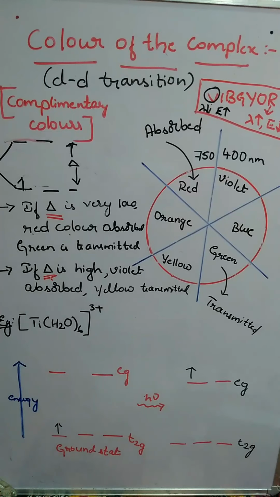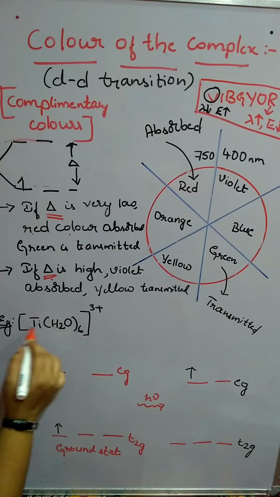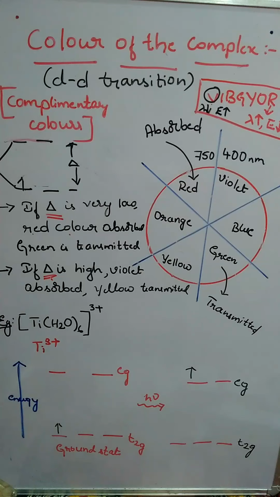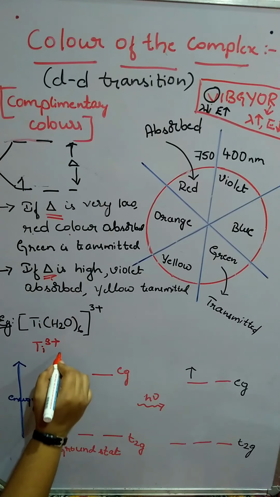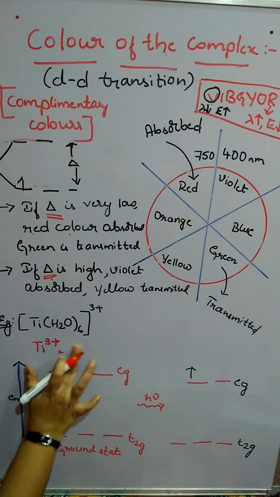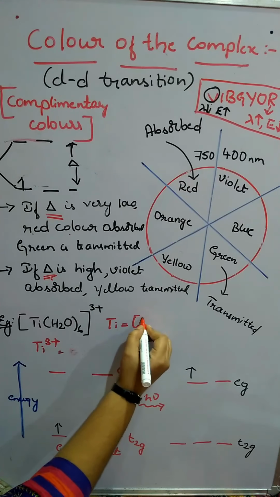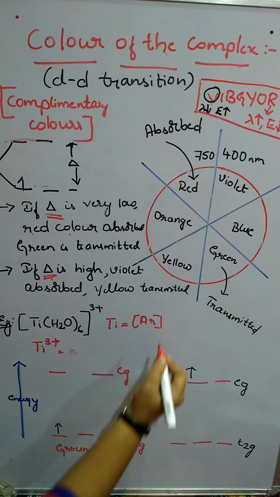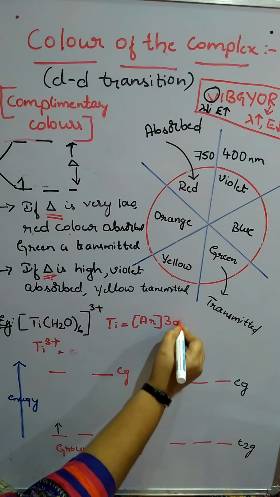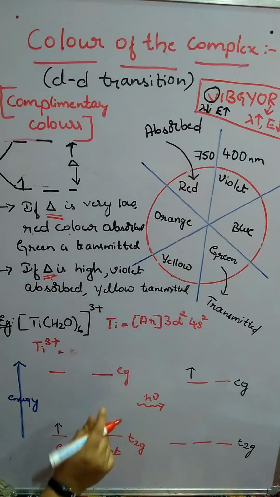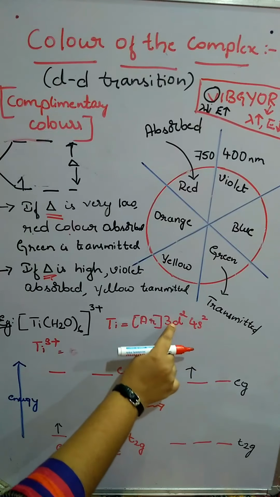This is one of the examples, titanium. If you observe, titanium is in the +3 state. The electronic configuration of titanium is argon 3d2 4s2, that is 22, 18, 20, 22.